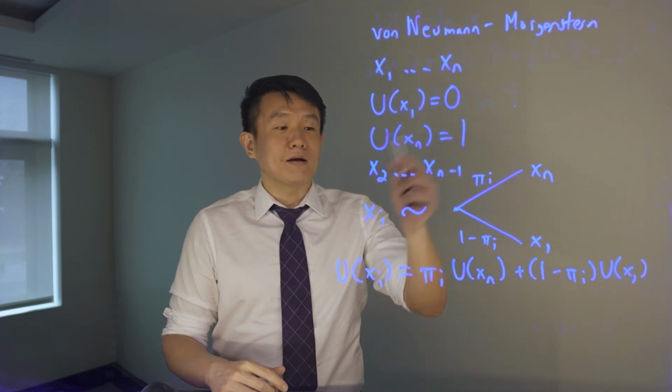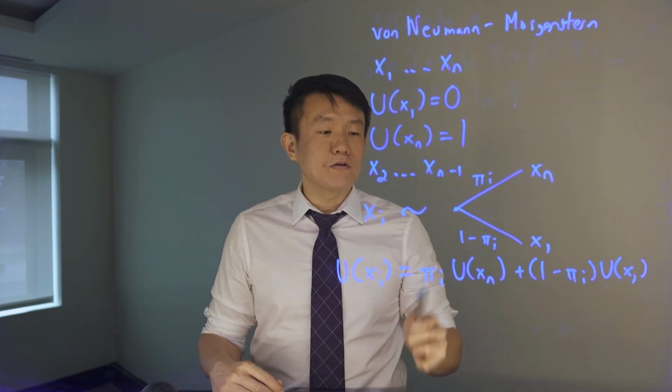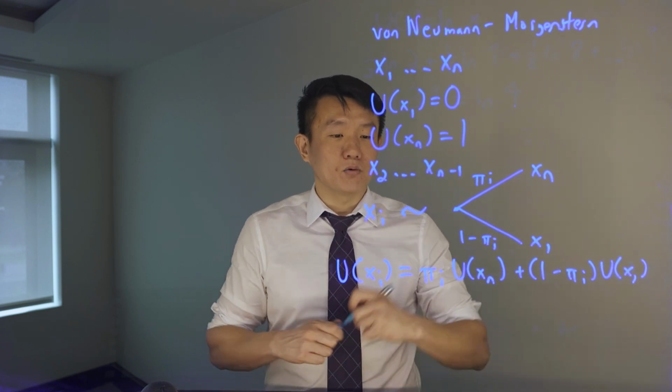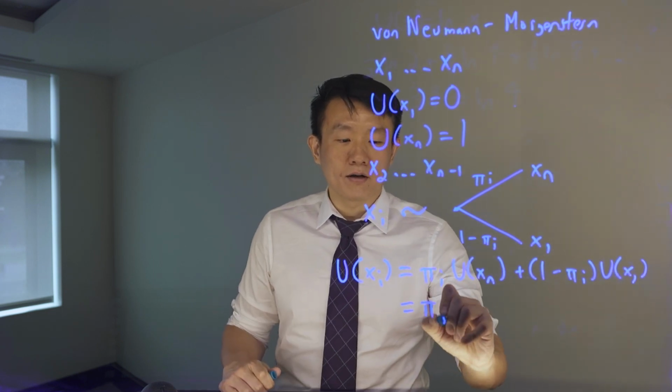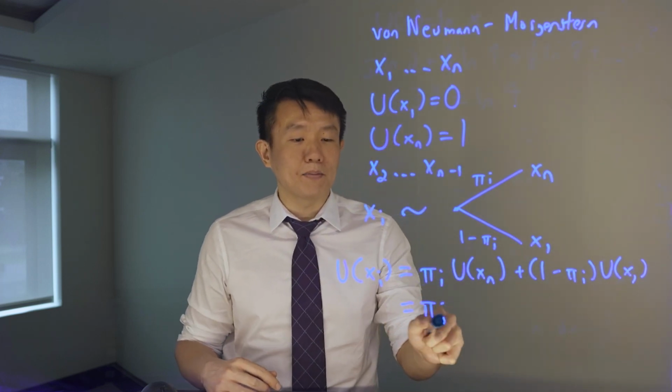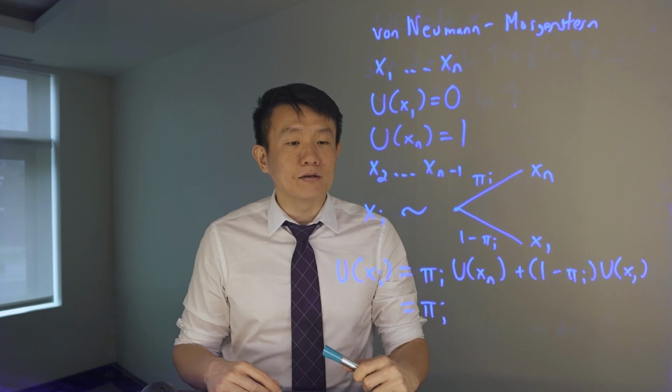But if you look up here, we fixed u of xn to equal 1 and u of x1 to equal 0. So this whole thing is just going to be equal to pi I. So we're going to assign this probability as the utility of xi.